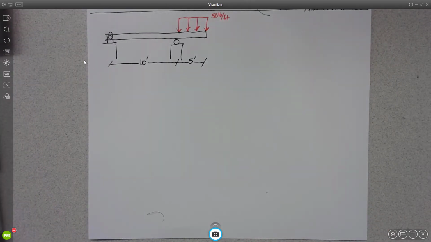I want you to write up the equations for them. You can try it graphically if you want, and then do it equationally.